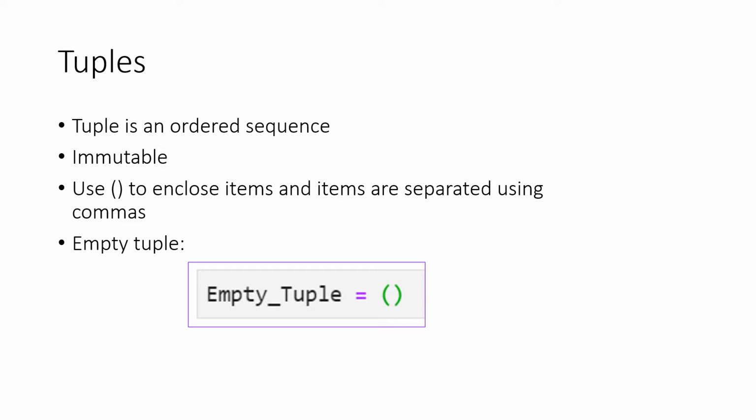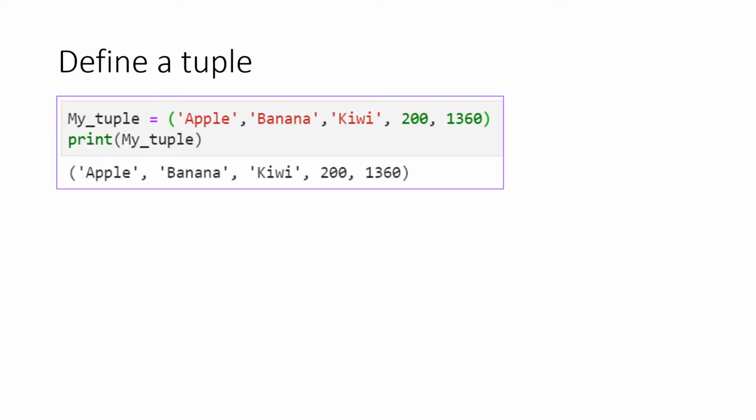An empty tuple can be defined like this. Here I have collected a few methods that can be used to define a tuple. In the first method, I have defined the values within parentheses separated by commas.